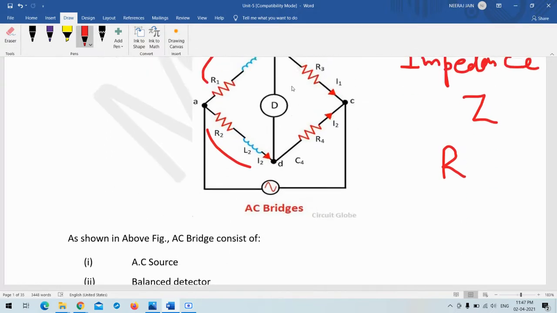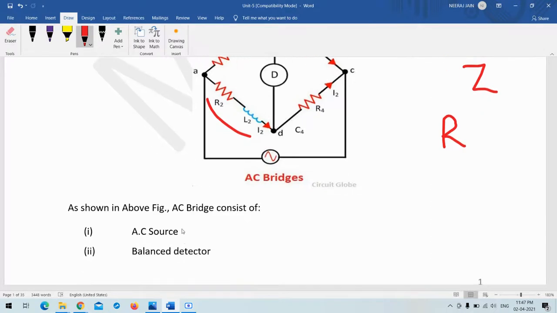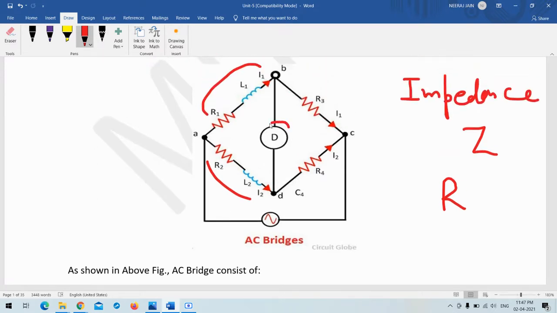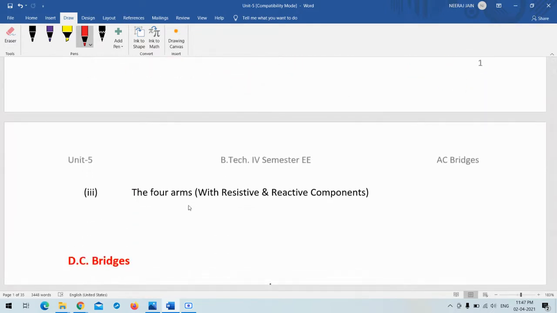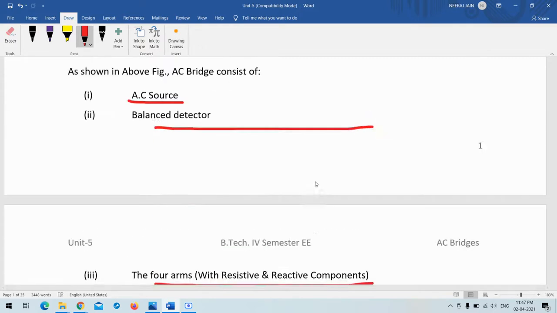The AC bridge consists of, first, the AC source shown here; second, the balance detector shown here; and third, the four arms with resistive and reactive components.